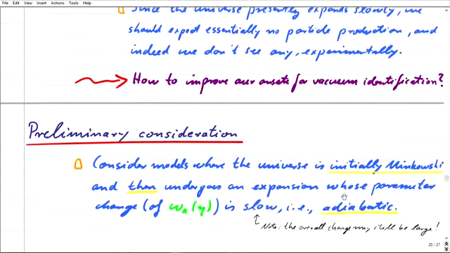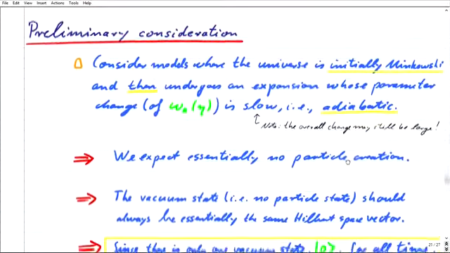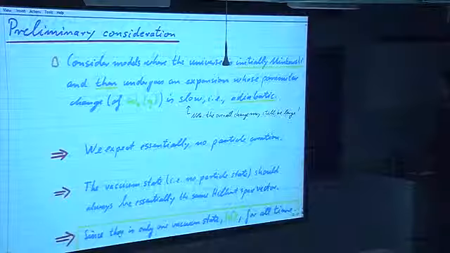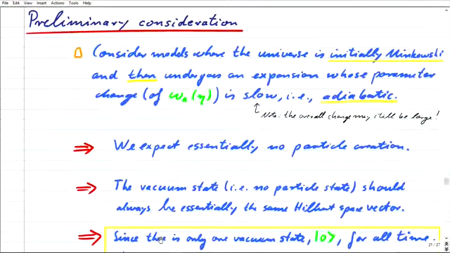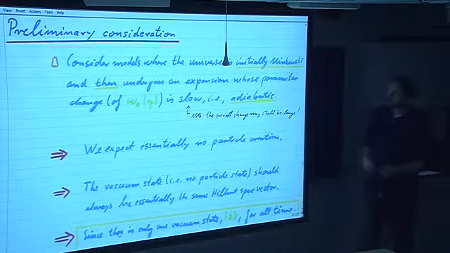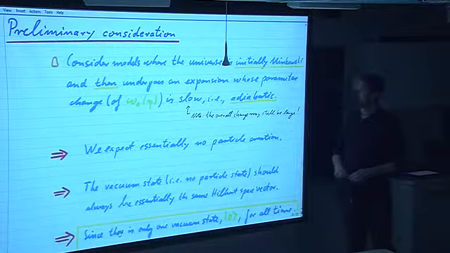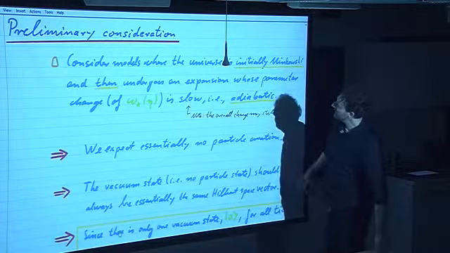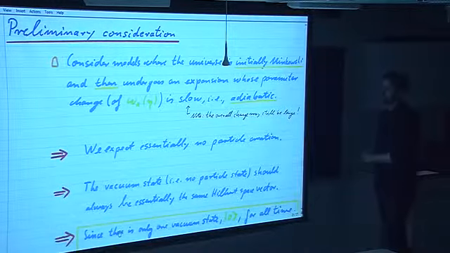So how can we improve over our ansatz for vacuum identification? For that, let's start with a preliminary consideration. Consider models where the universe is initially Minkowski space, and then it undergoes an expansion. And let's say it undergoes that expansion in an adiabatic way.